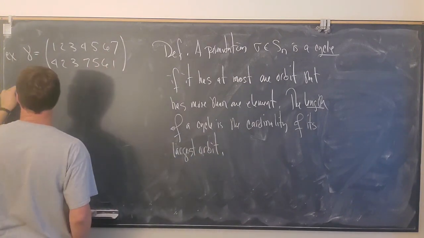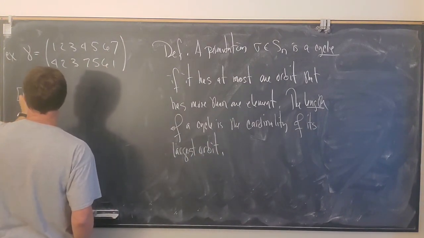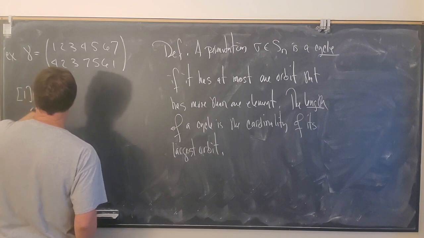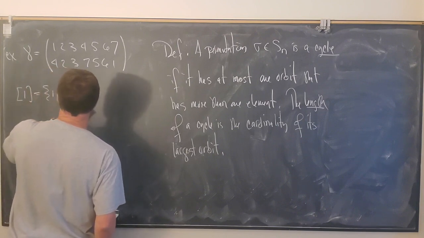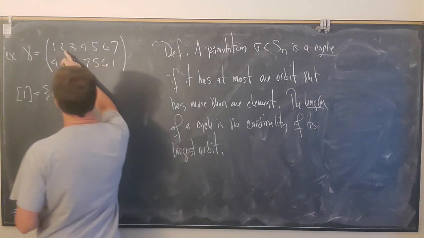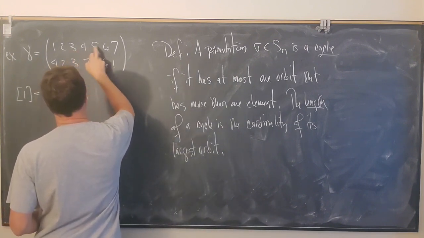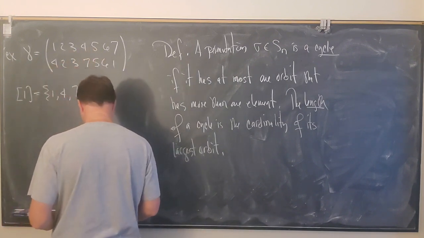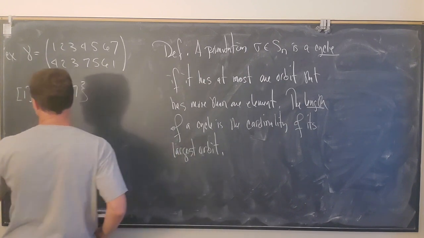So we've got the orbit of 1. That's going to be, well, 1 goes to 4, which goes to 7, which goes back to 1. 2 goes to 2, 3 goes to 3, 5 goes to 5, 6 goes to 6.